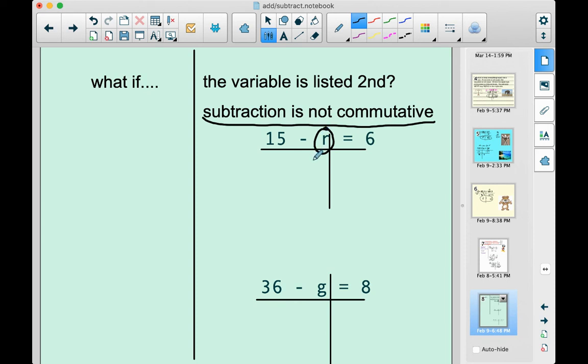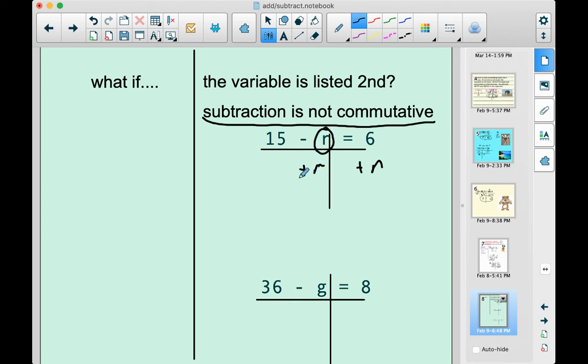So one thing I can do, this might seem a little weird, but I can undo minus r by adding r. It may not seem like that's going to help, but let's see what happens. So if I add r to both sides, I don't know what r is, but r is going to be the same thing on this side as it is on this side. So even though I don't know what it is, I know I'm still balanced because I'm adding the same thing.